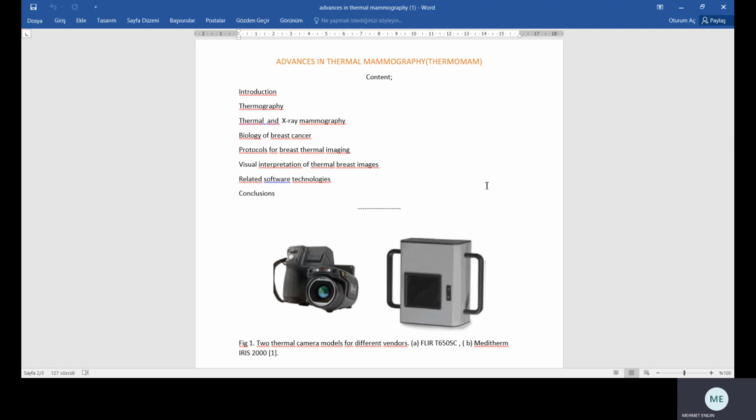MammoVision is a semi-automated tool that tries to identify the non-vascular abnormal thermal patterns during dynamic thermography with cold challenge. It considers 10 images in total, 5 images before cooling and 5 images after cooling.